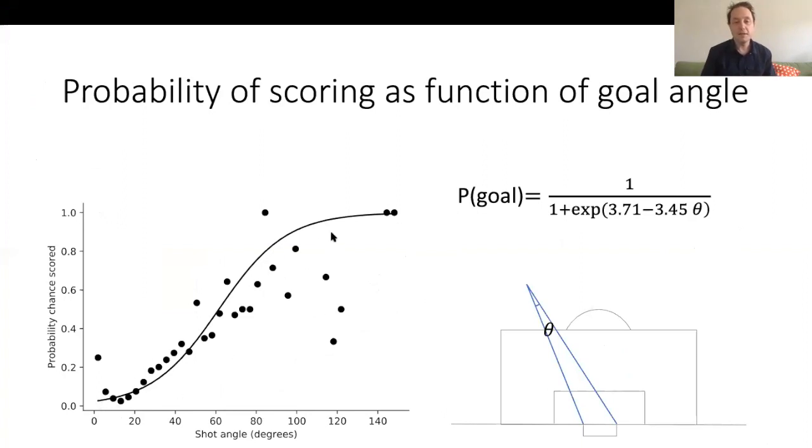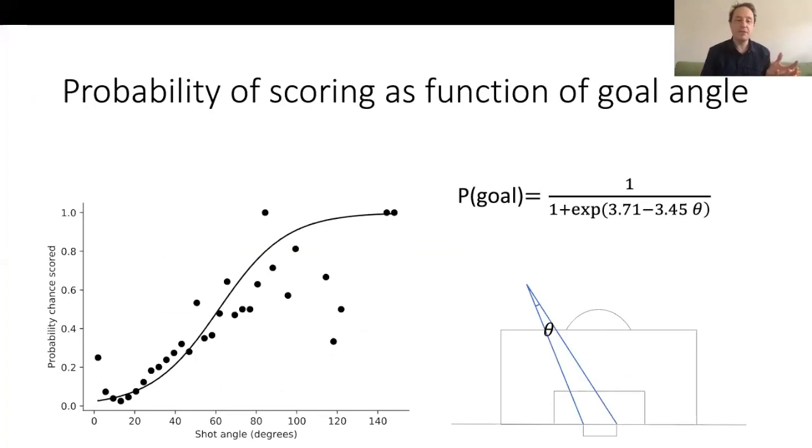This is the best fitting curve to shot angle, estimated using the proper maximum likelihood method. And it gives a model that looks like this. So the probability of a goal is the following function of the shot angle theta. Remember, the angle theta was the angle between the two posts here. And so now we have our best fitting model for that.